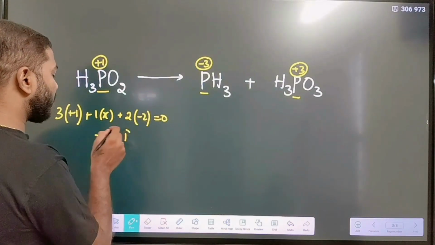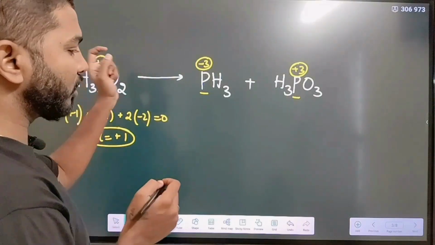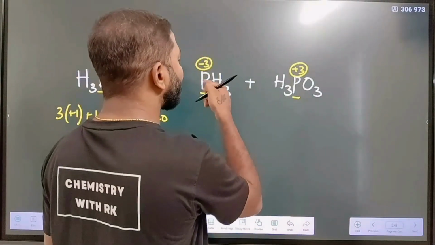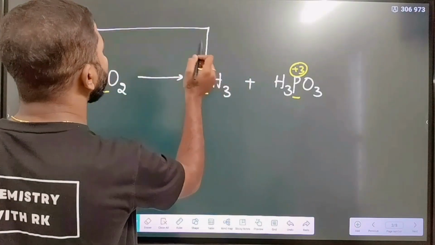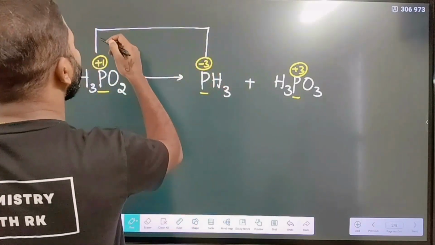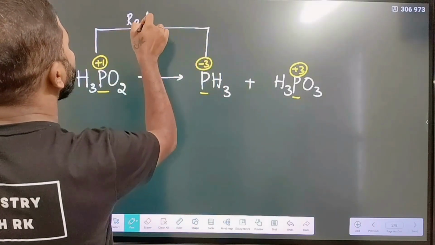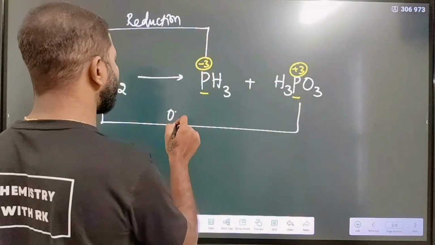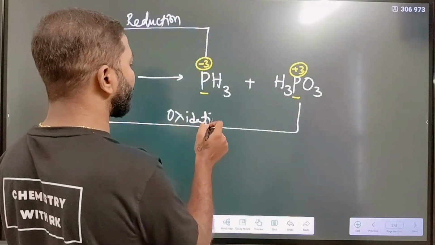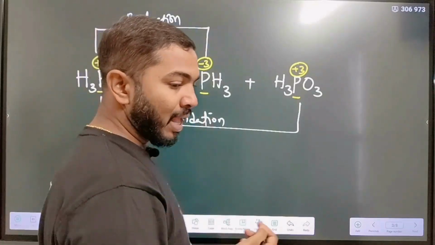Likewise we get x equal to plus 1 for phosphorus in H3PO2. Similarly minus 3, similarly plus 3. Hope you understood. Since it goes from plus 1 to minus 3, it is a decrease in oxidation number, called reduction. And from plus 1 to plus 3, it is an increase in oxidation number, called oxidation.